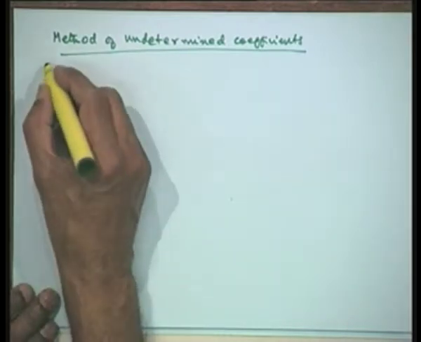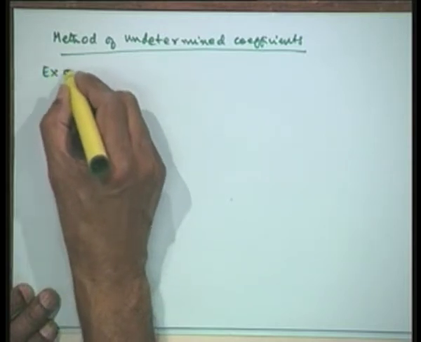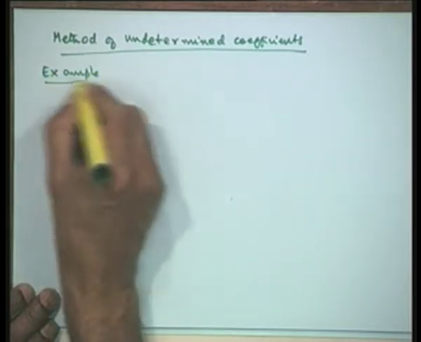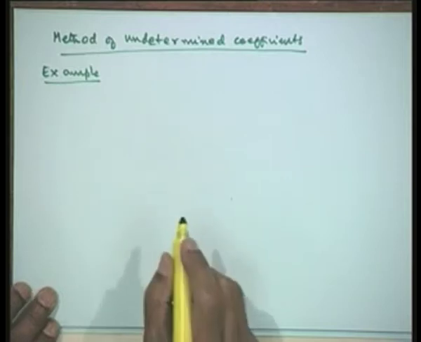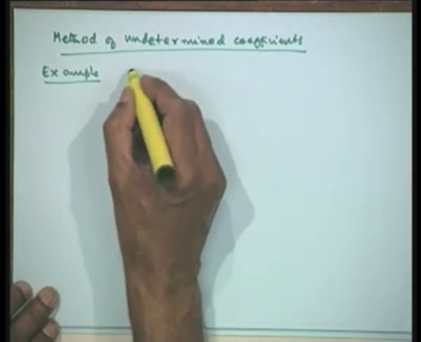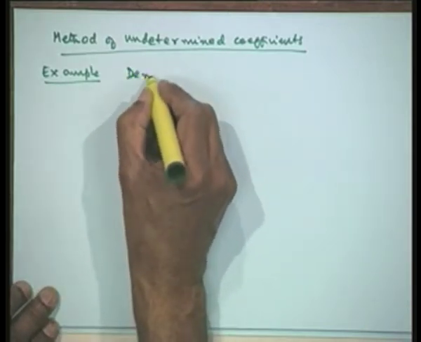Now, let me take two examples. Let me first take an example which we know already, the formula which we know already. So, derive the quadrature rule.